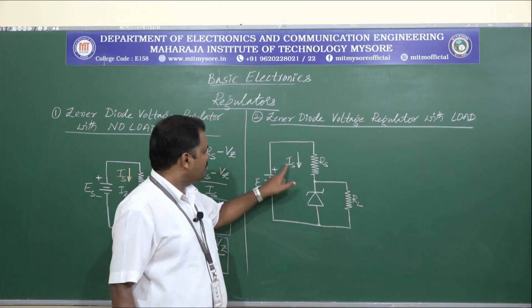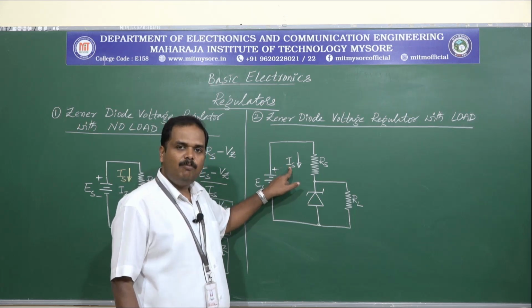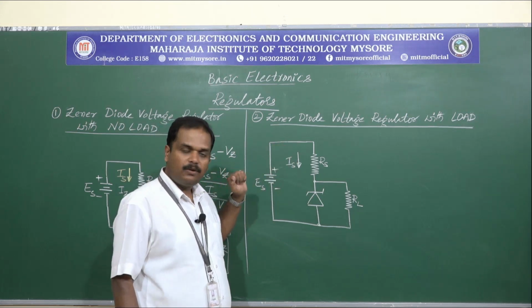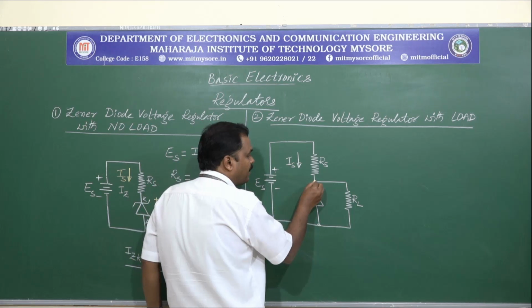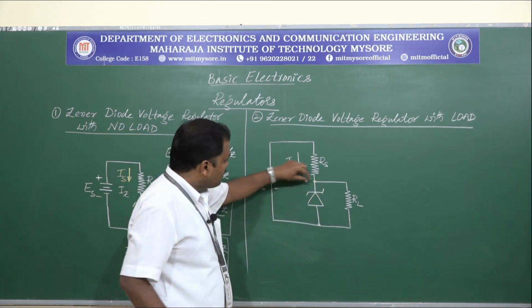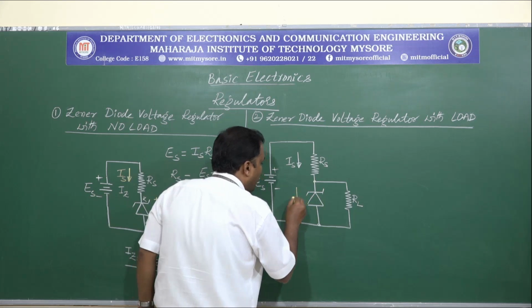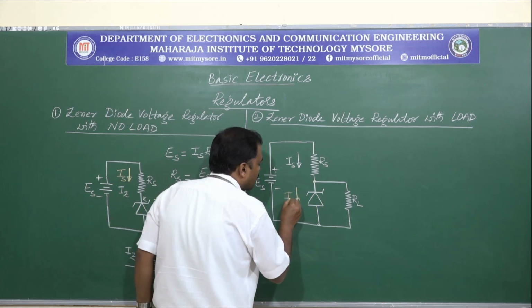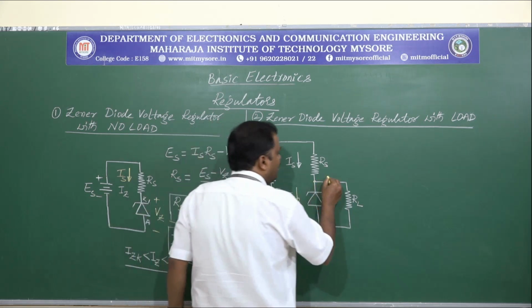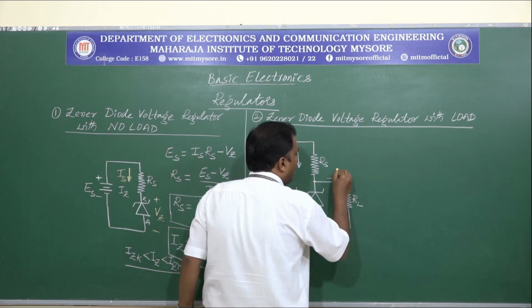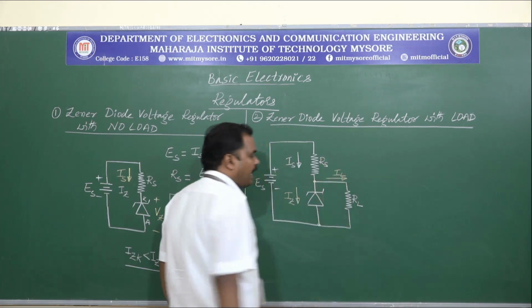Now look at this. So IS is the input current that is flowing through the circuit, and when it comes to this particular node, it will be split into two currents. One shall be called IZ, the other shall be called IL.